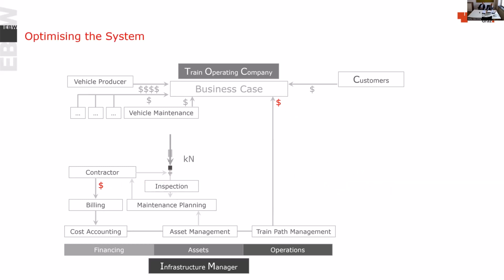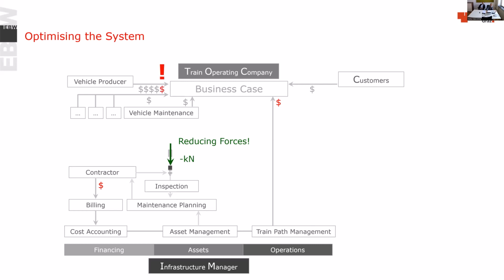But when we now want to optimize the system, we could do something. We could reduce the force here. So when we reduce the force here, we would have, again, a lot of effects that are cost relevant.